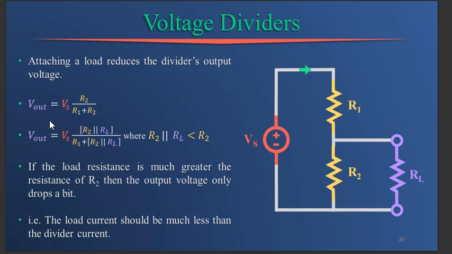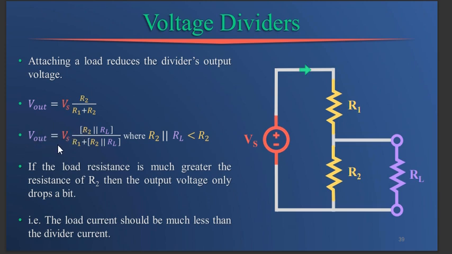So we can say that V out is equivalent to Vs, which is this, times R2 over R1 plus R2 from the previous formula.